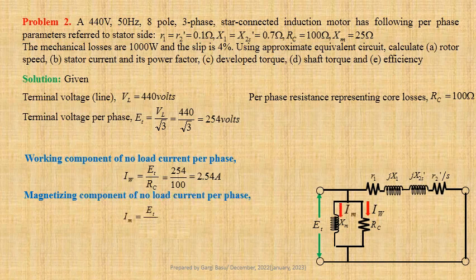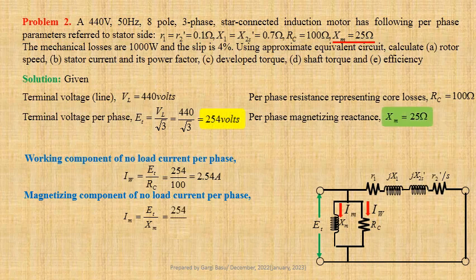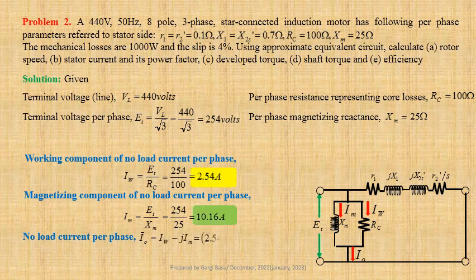Im equals ET divided by Xm. Given per phase magnetizing reactance, Xm equals 25 ohm. Therefore, Im equals 254 divided by 25. That gives us 10.16 ampere. Expression for no load current per phase, I0 equals IW minus j times Im, that is equal to 2.54 minus j times 10.16 ampere.